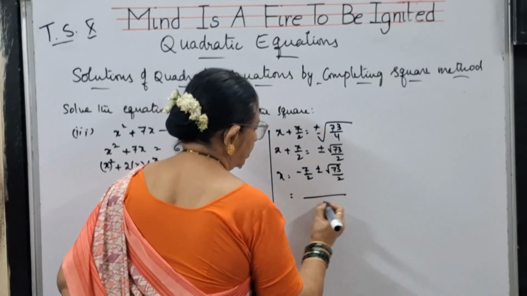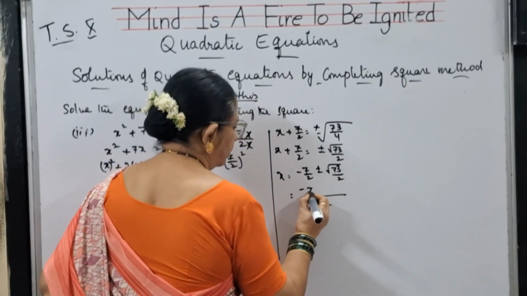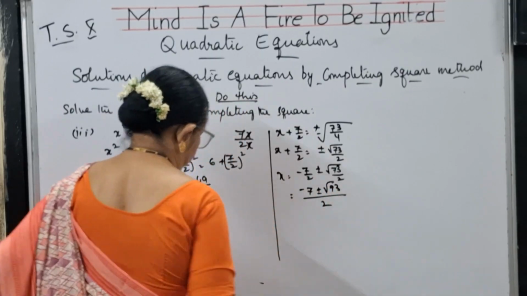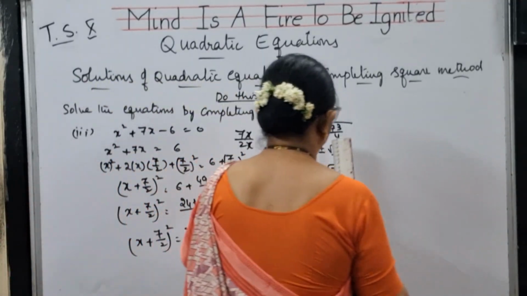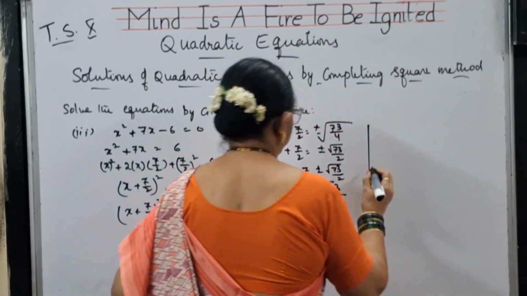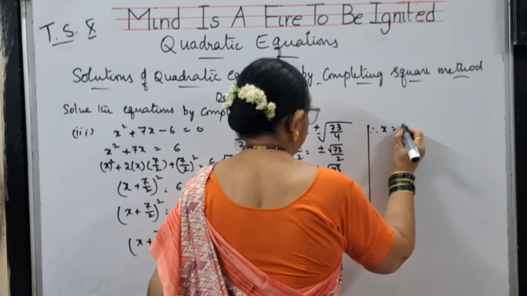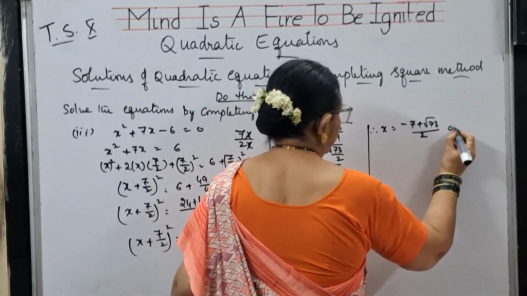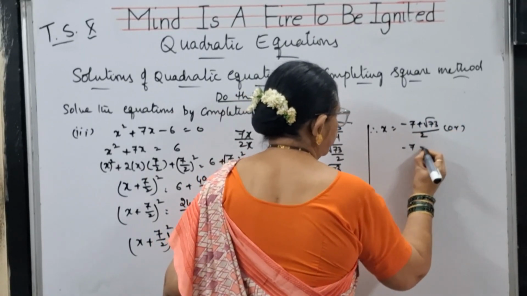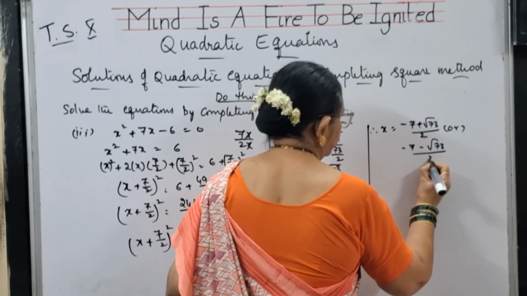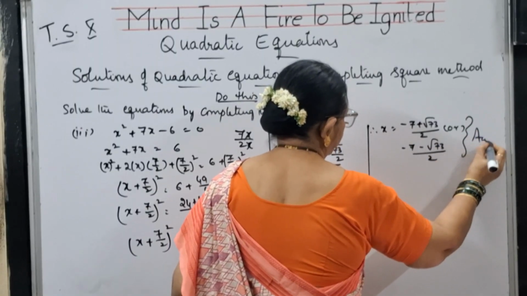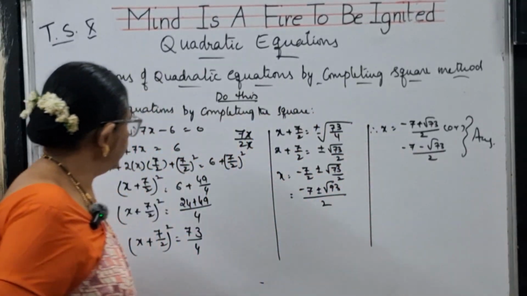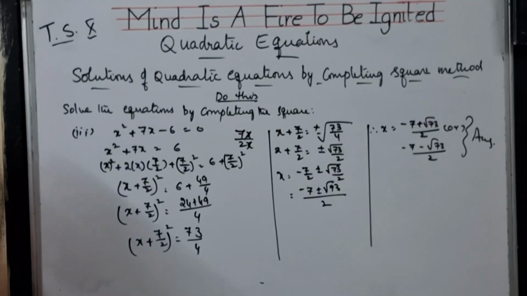That means LCM, if you take 2, minus 7 plus or minus root 73. Therefore x is equal to minus 7 plus root 73 by 2 or minus 7 minus root 73 by 2. These two are the answers for this problem, children. Please note it down. This is third bit of this sum.